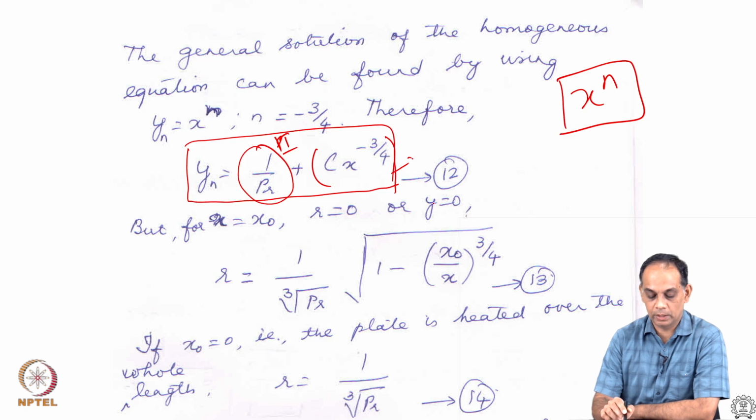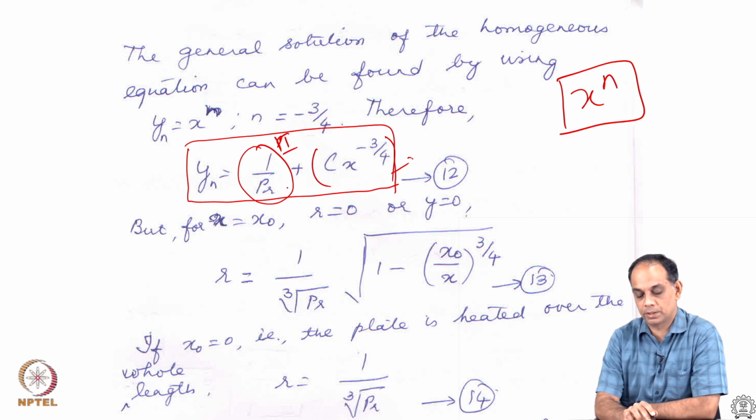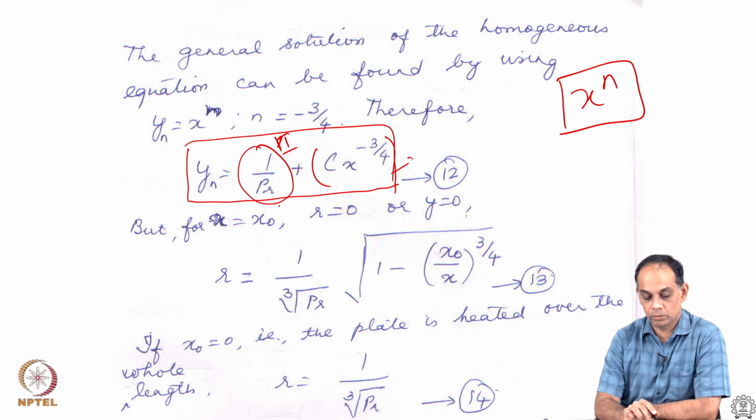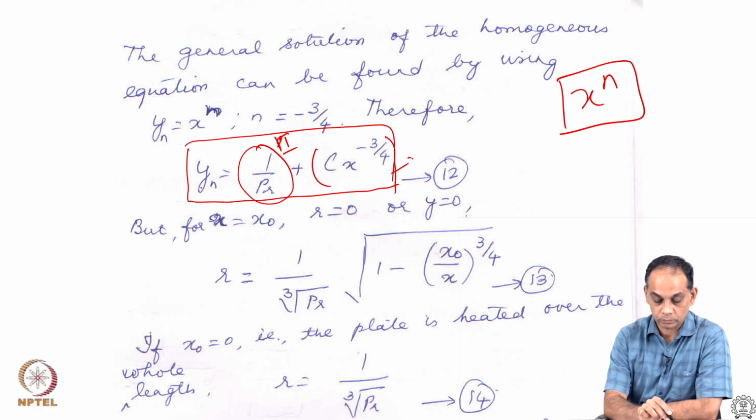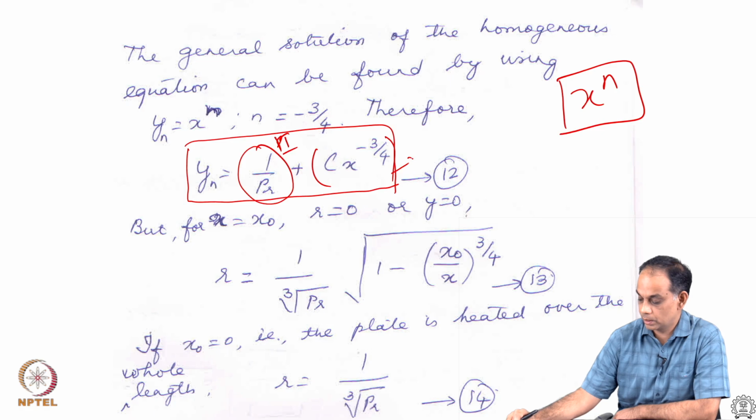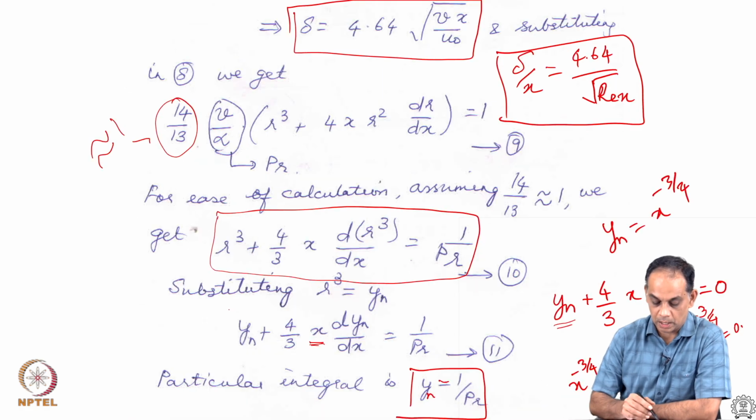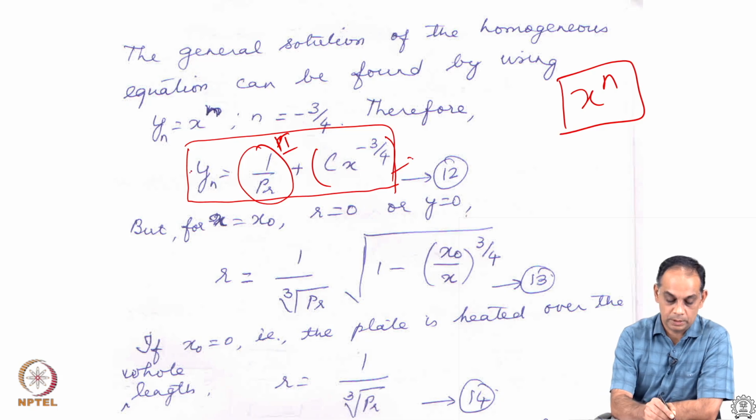So, all we are doing here is just substituting these conditions for y equal to 0, and you remember y n is nothing but r raised to the power cube.